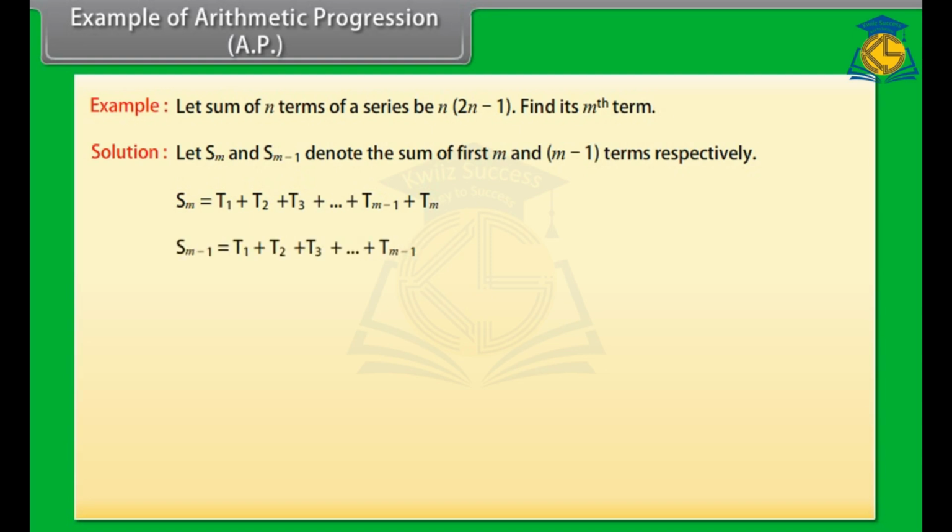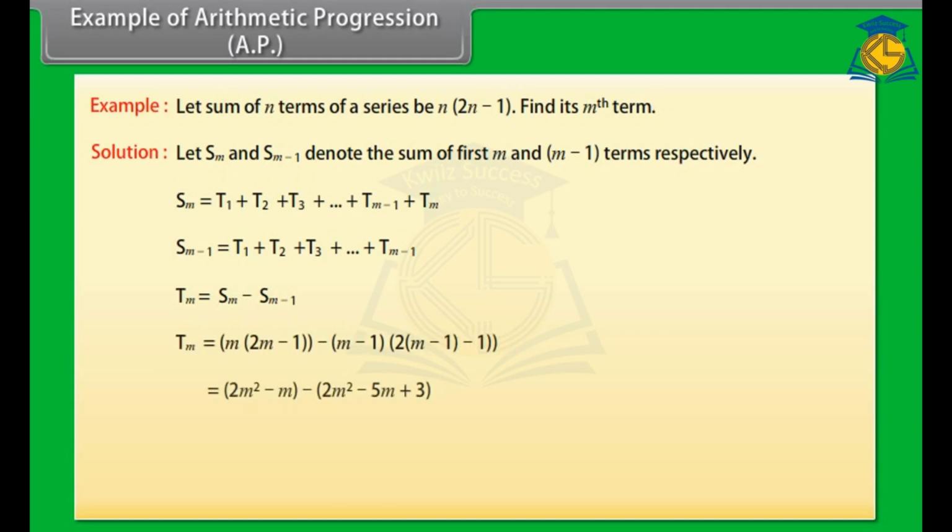Sm minus 1 is equal to T1 plus T2 plus T3 plus up to Tm minus 1. Tm can be found as Tm is equal to Sm minus Sm minus 1. On solving, we get 4m minus 3.